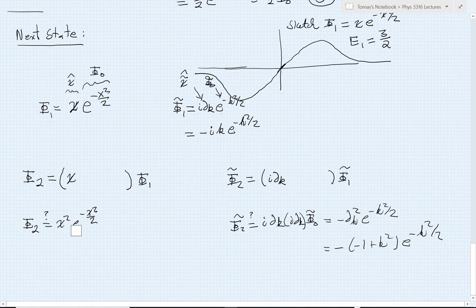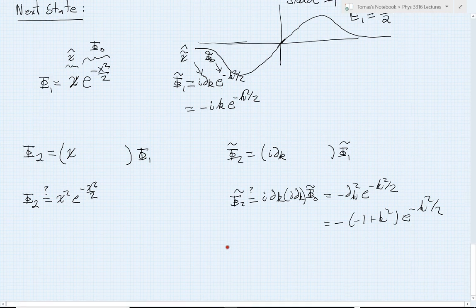This function is not the same as this function. Some extra piece came in here, and it kind of ruined our pattern. And these are not their own Fourier transforms, so we know for sure this is not going to be the second state. So we need to think a little harder to try to repair this. And I think you can see exactly where we had gotten into trouble.